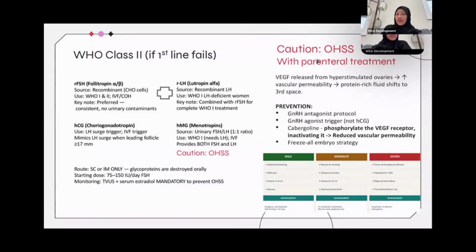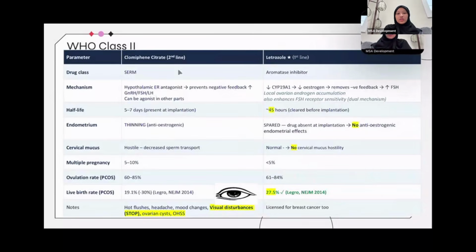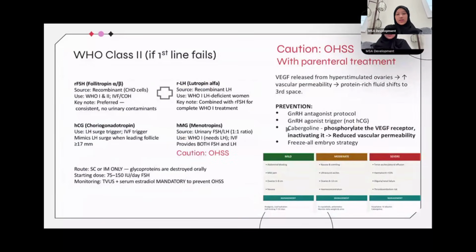It can be caused by parenteral treatment, which is, like we said, IV. So if someone is given IV treatment, they are more at risk of the syndrome. Also, clomiphene citrate can have an effect as well.